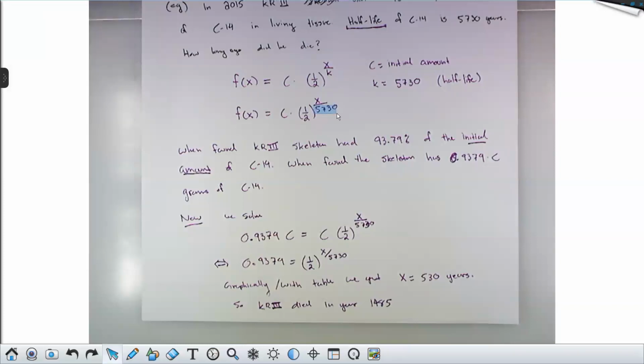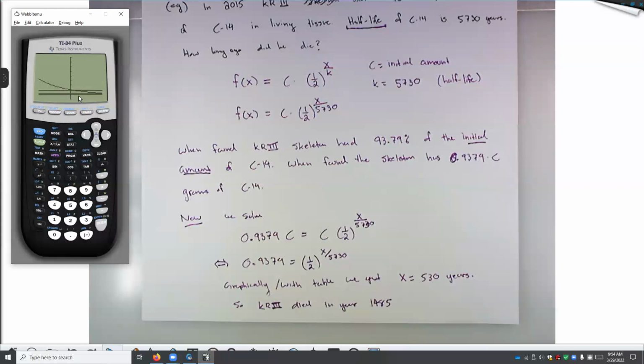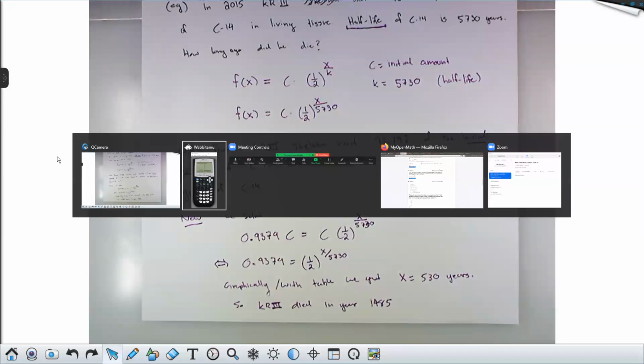And that's because this guy is making this function decay very, very slowly. Right? This power only goes up by 1 when x goes up by 5,730. So in order to get a good feel for the picture, we need to zoom way out. But that really wasn't necessary for solving the problem. We just needed to get kind of close, right? Like we started with a guess of around 530 something. And then we got granular with the table, and that's the way to do these.